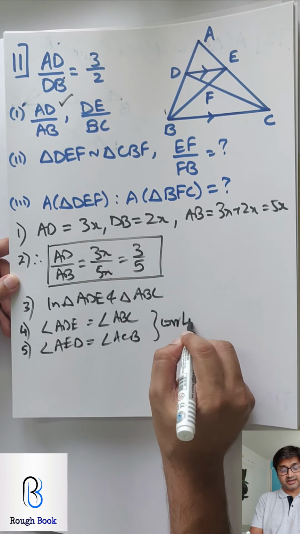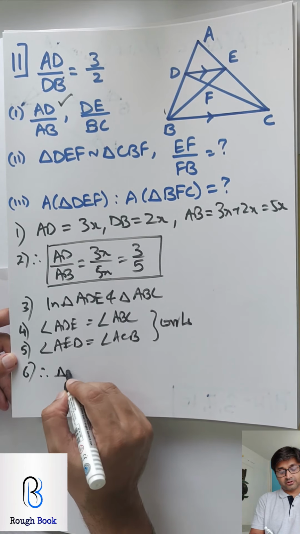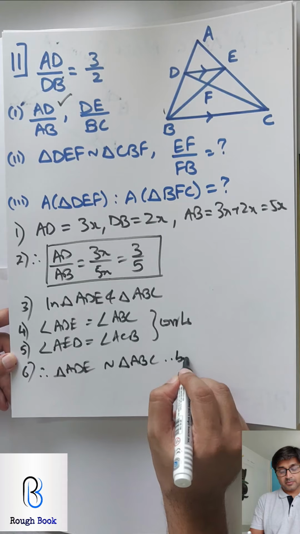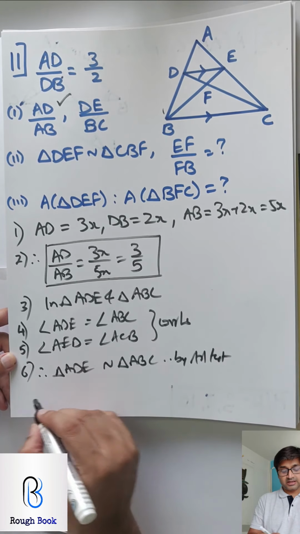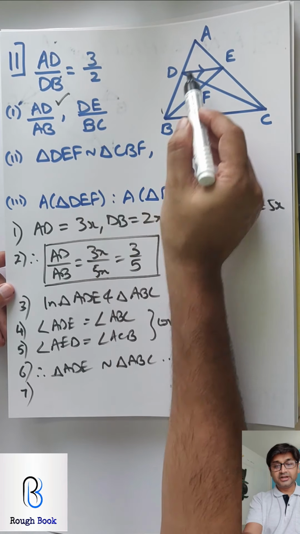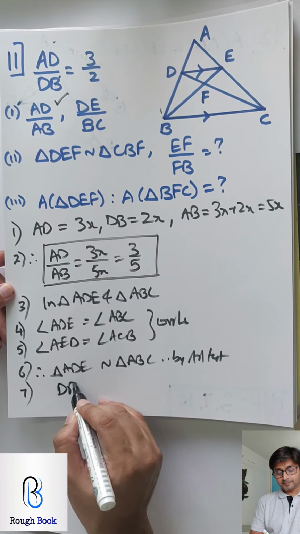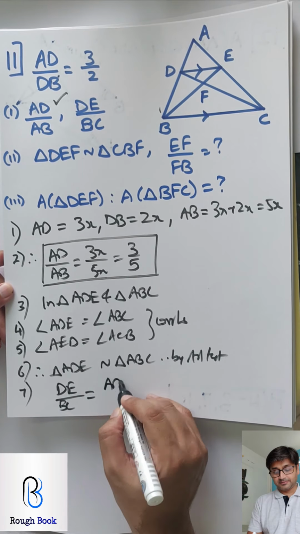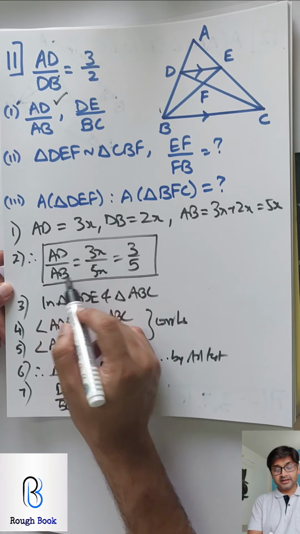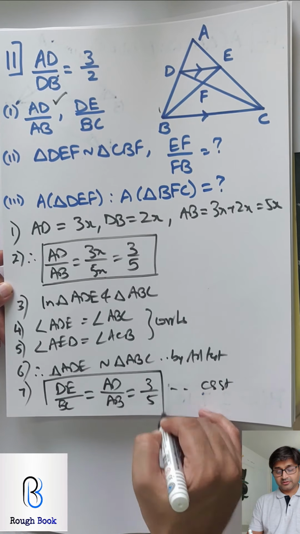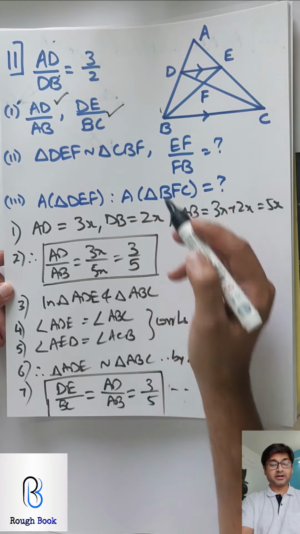Both are corresponding angles, and therefore triangle ADE is similar to ABC by AA test. Now that the triangles are similar, I can say DE upon BC is equal to AD upon AB, and AD upon AB is 3 upon 5 by CSST. So we managed to get our second part as well.